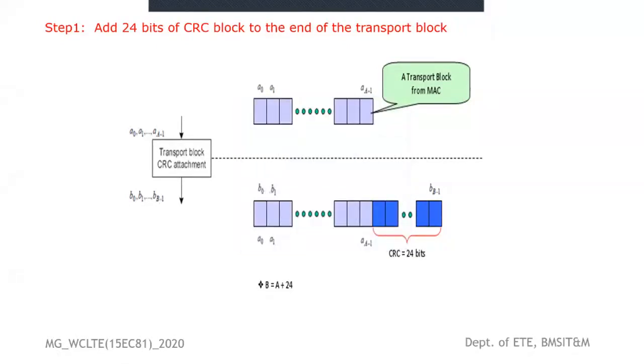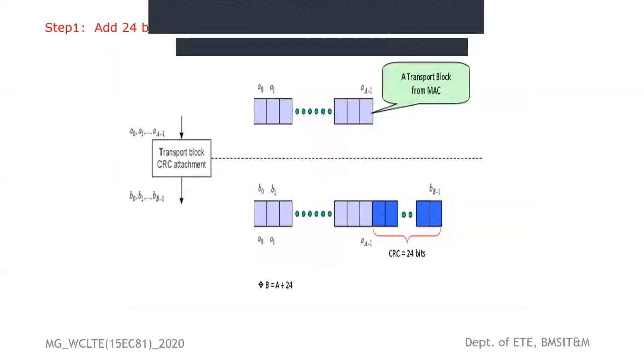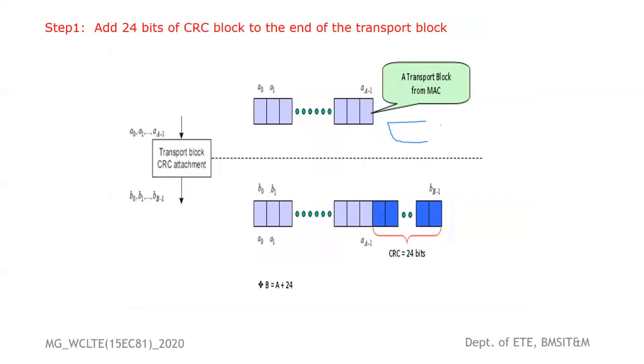Okay. So here I am showing just how we are adding the CRC bits. So A0, A1 are the different transport blocks from the MAC layer. Here I am writing the same transport blocks with CRC added, which is of 24 bits.